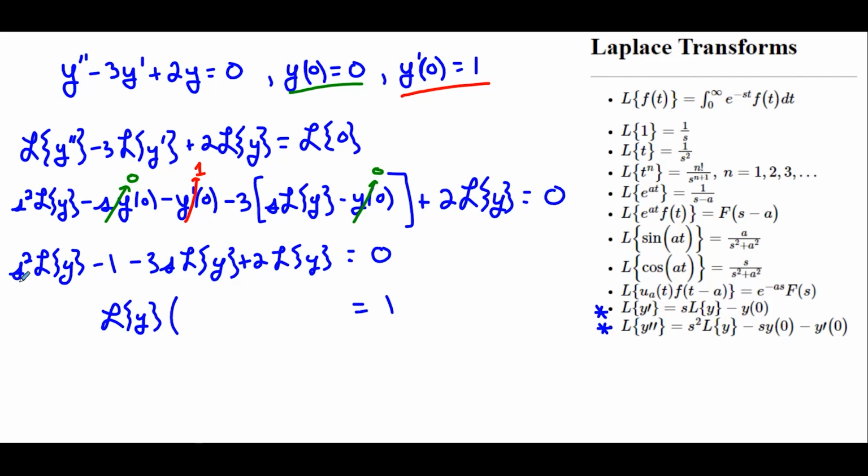So I get s squared from the first one minus 3s plus 2. And notice those are the same coefficients that are in the original equation. And that kind of should happen here. So if that doesn't happen, you might want to go back and check your work. So now we solve for the Laplace transform of y. So we have to divide.